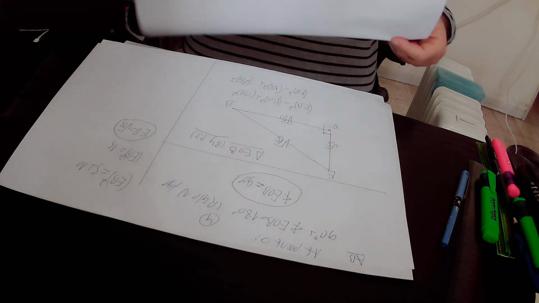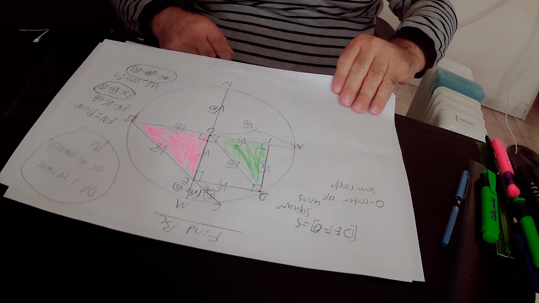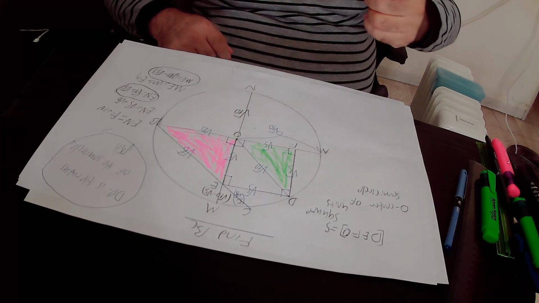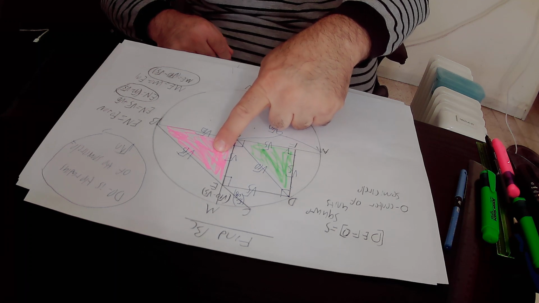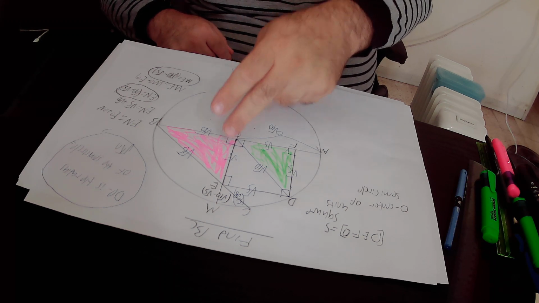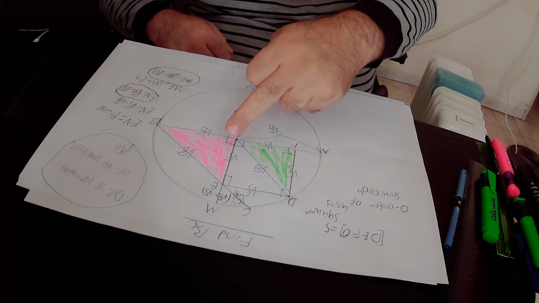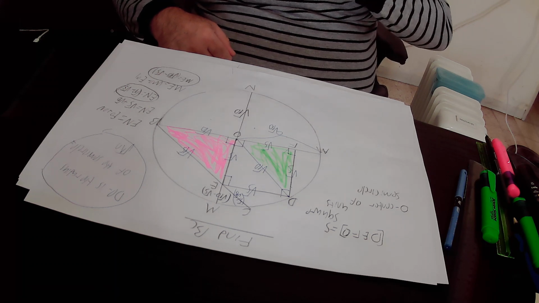That is to say, angle EOB equals 90 degrees. So if angle EOB equals 90 degrees, it means that triangle EOB, the pink triangle, is right-angled. So you can implement the Pythagoras theorem on the right pink triangle EOB. I copied the right triangle EOB in a new page and we implemented the Pythagoras theorem on it.